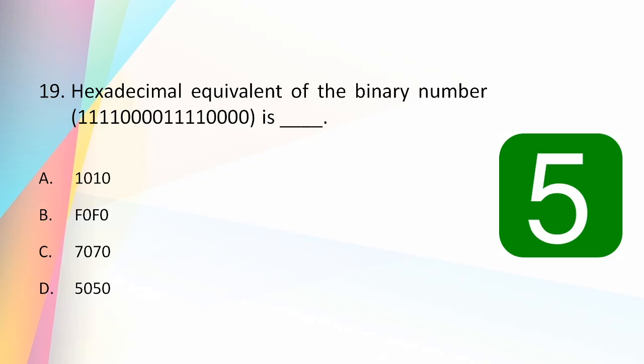Hexadecimal equivalent of the binary number 1111000011110000 is: 1010, F0F0, 7070, 5050?